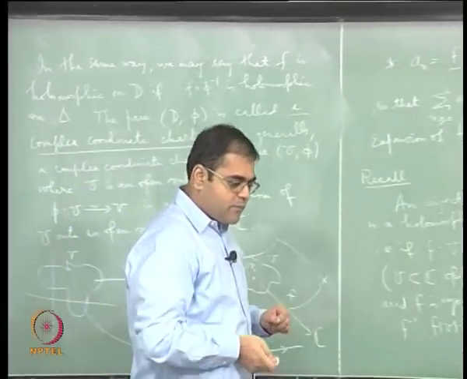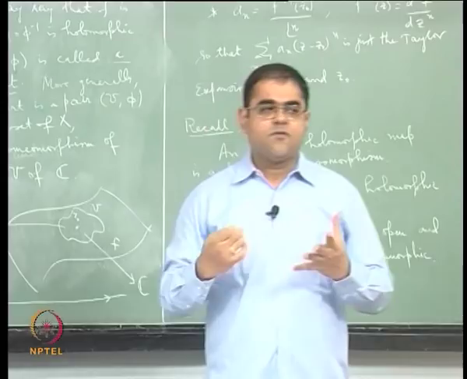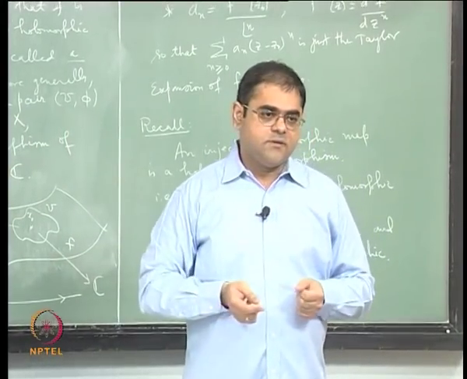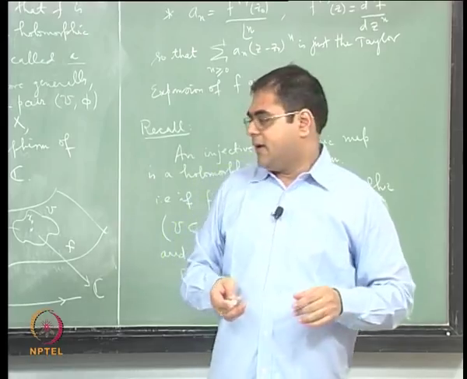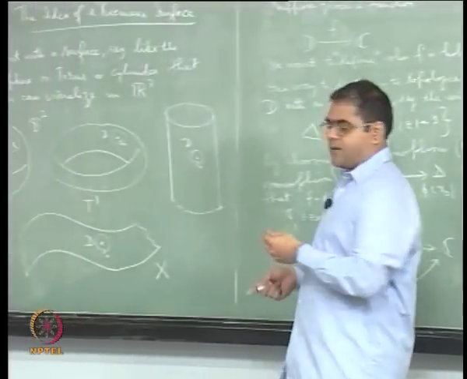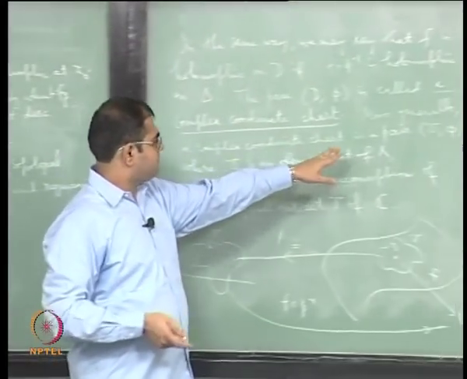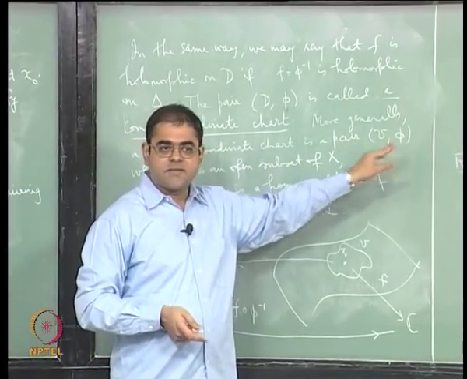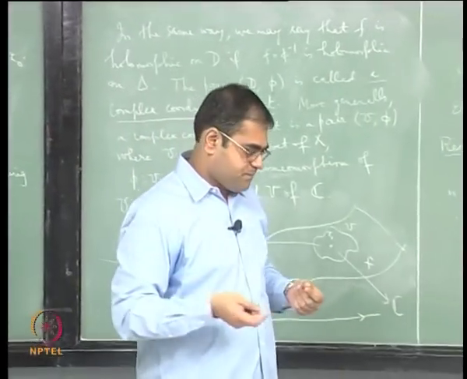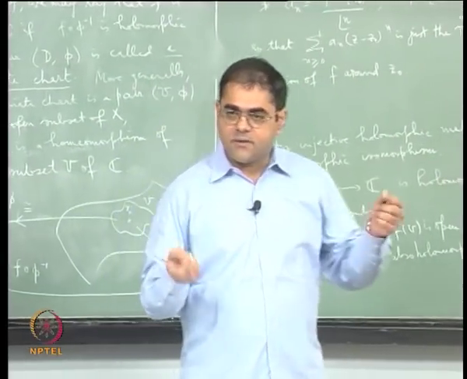So at this moment it would appear that we could take for our definition of a Riemann surface just a surface that we can imagine in 3 space, and which is equipped with a set of charts like this, such that these charts cover all of X. That means basically I want to do complex analysis on the Riemann surface.